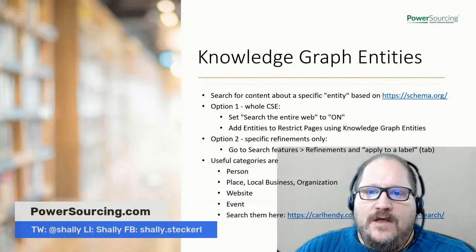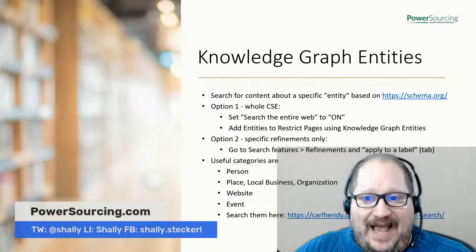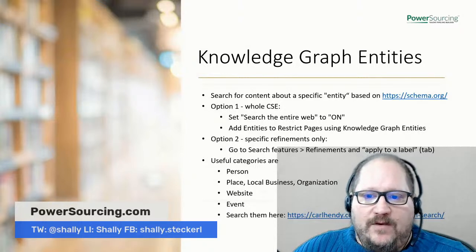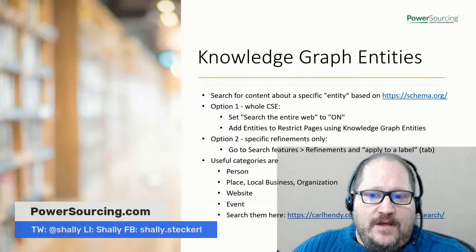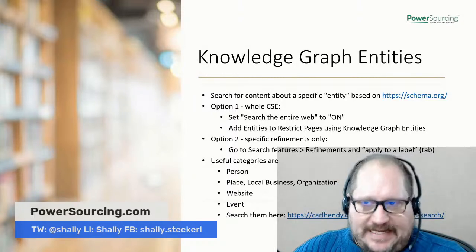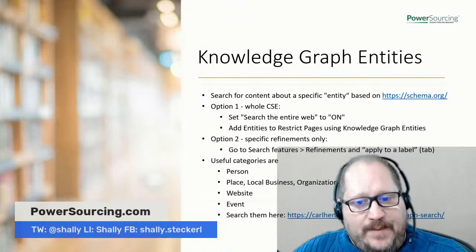For example, Google's knowledge graph entities can be called upon by APIs with much more nuanced detail and a lot more control, because now it's going through the API, so there are a lot of other switches that you can use. Inside of the custom search engine, there are some limitations to the entities. And when it comes to schema, not all schema are supported.